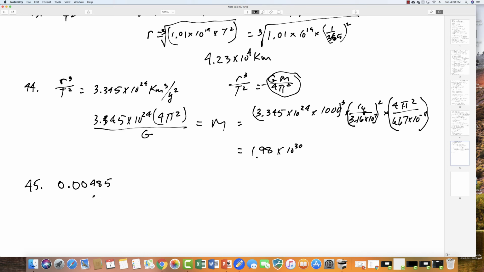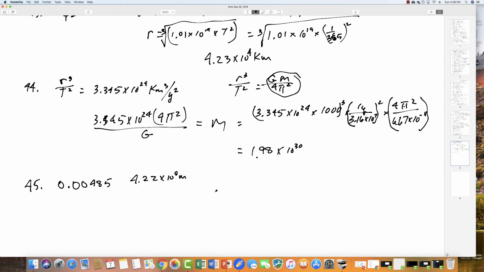That's because the moon is very small and it's very close to Jupiter. And so that's the calculation, and the distance r is 4.22 times 10 to the 8th, or 10 to the 5th in kilometers, 10 to the 8th in meters.